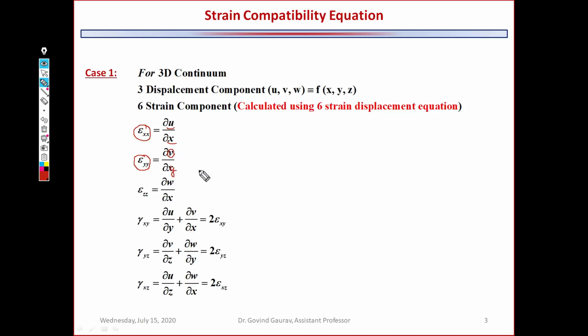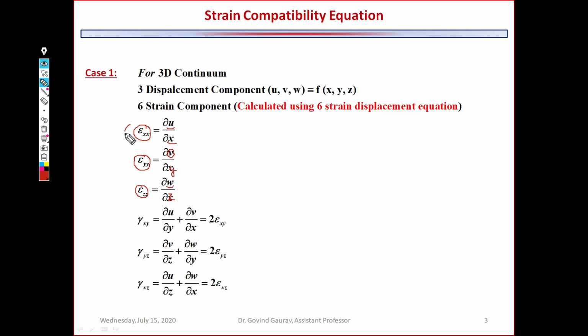And next, for the strain acting in the z direction, the normal strain, we will differentiate the displacement acting in the z direction, which is w, with respect to z. It is z, it is a misprint, it is z, not x.